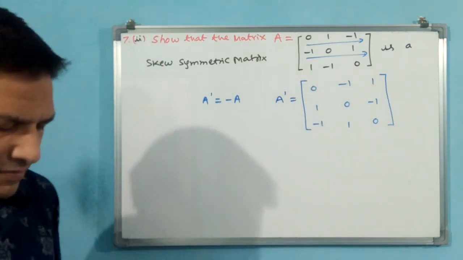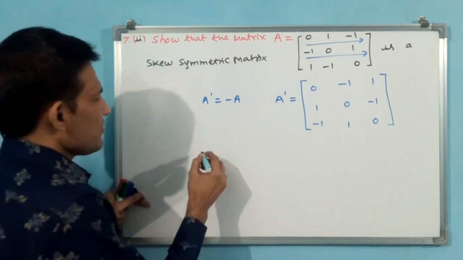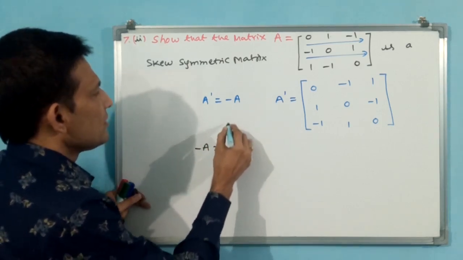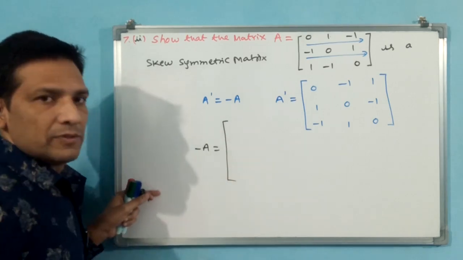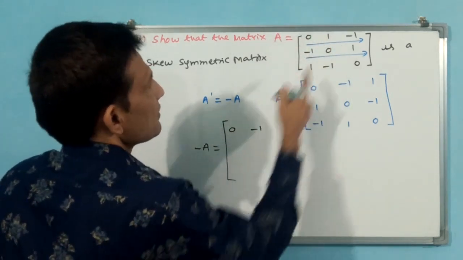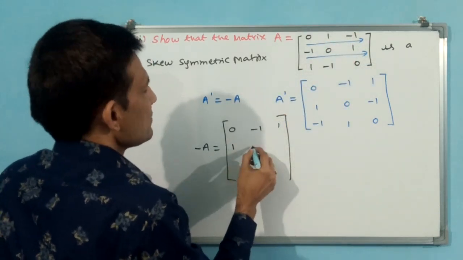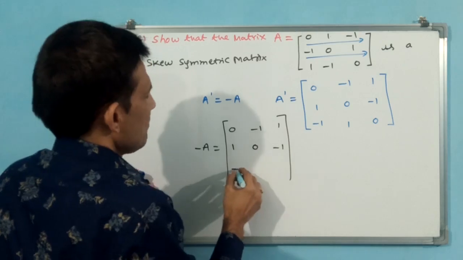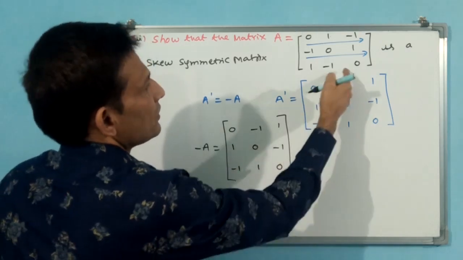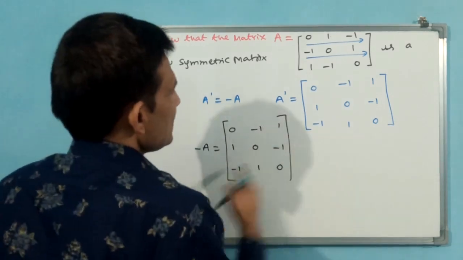Now we find negative A. You see, 0 is 0 only, but 1 becomes -1, and -1 becomes 1: 0 -1 1, 1 0 -1, -1 1 0. Why? Because I have done negative A. Is it equal to this A transpose?